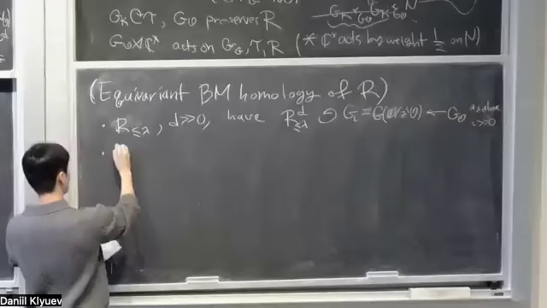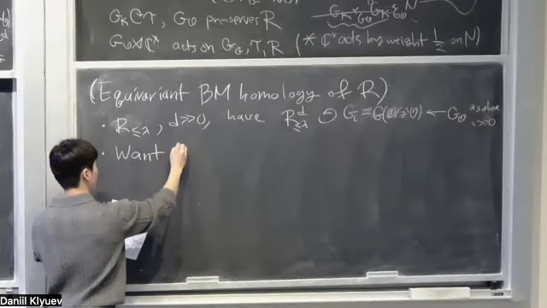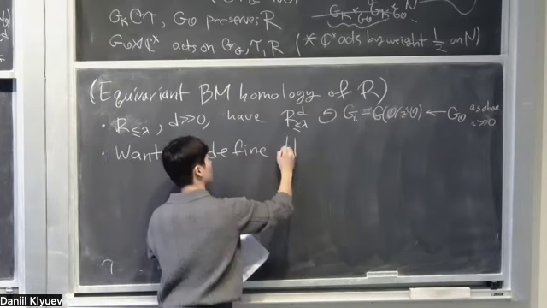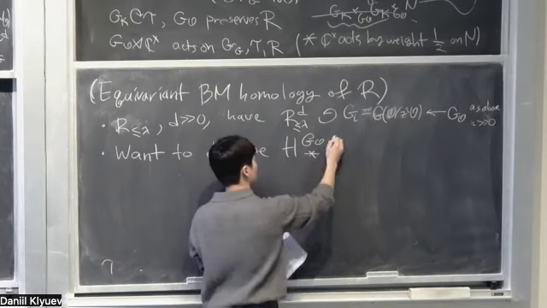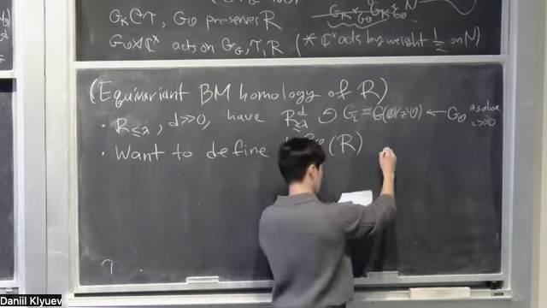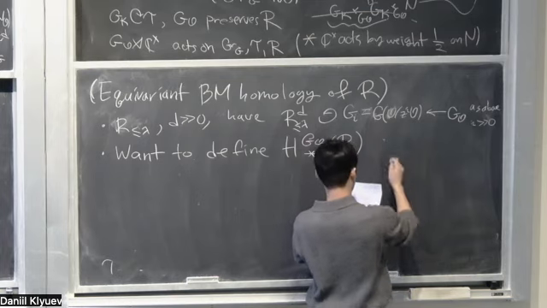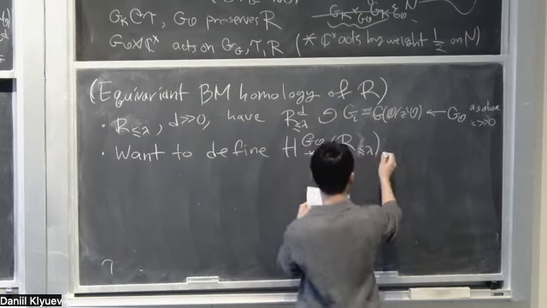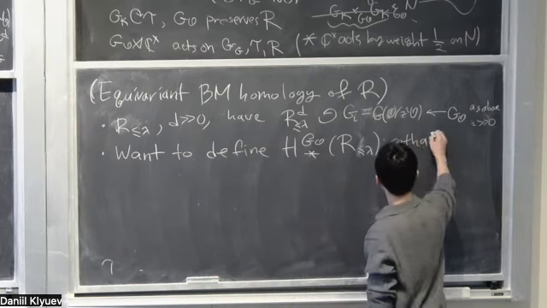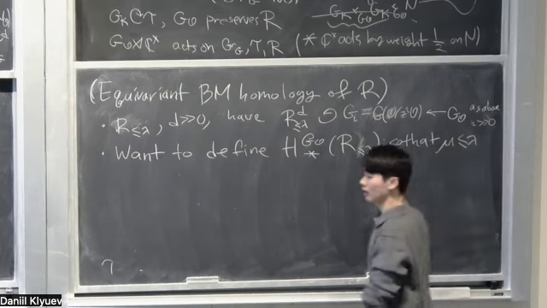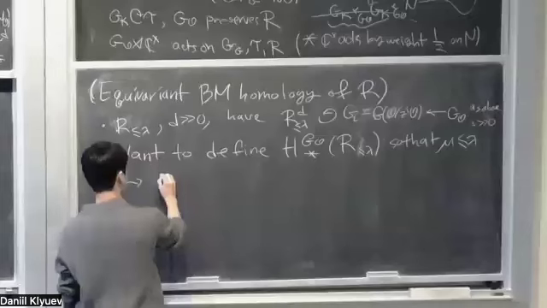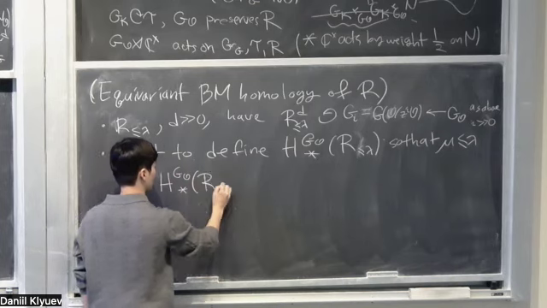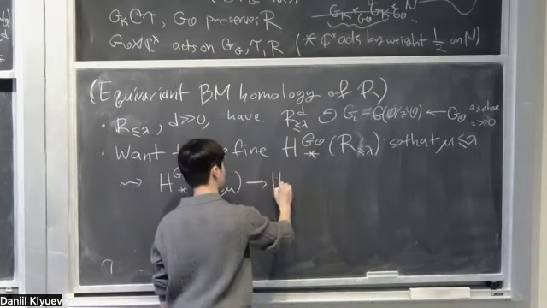And so what's our strategy to define this object, the equivariant Moore homology? We want to define the less than lambda part, so that whenever I have some dominance relation mu less than lambda, I get induced maps.